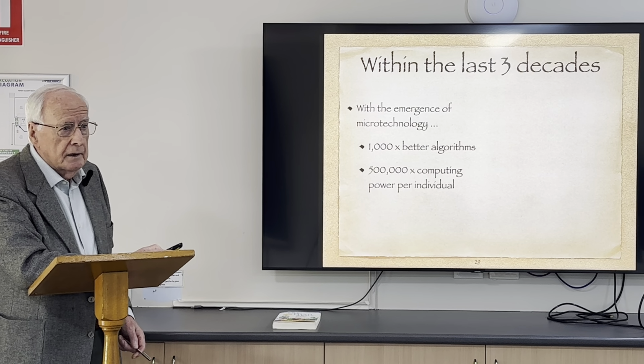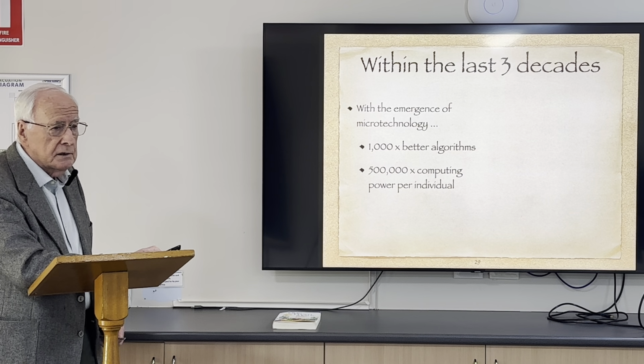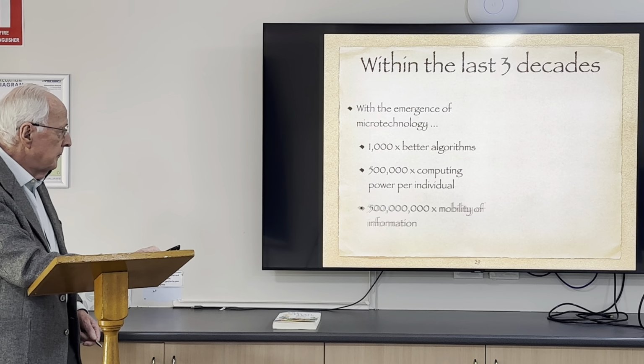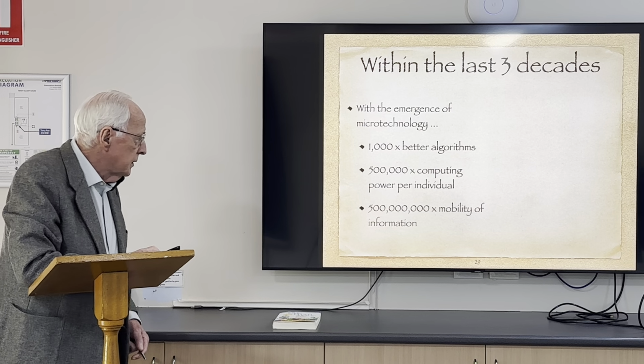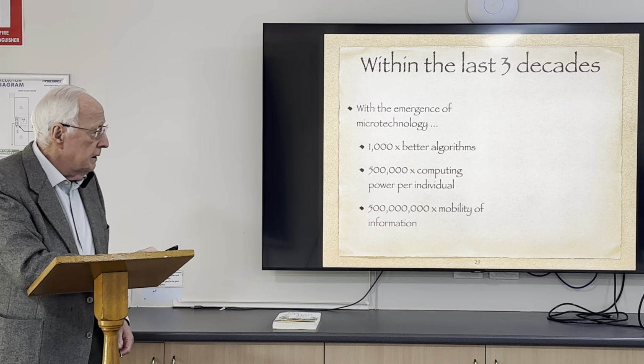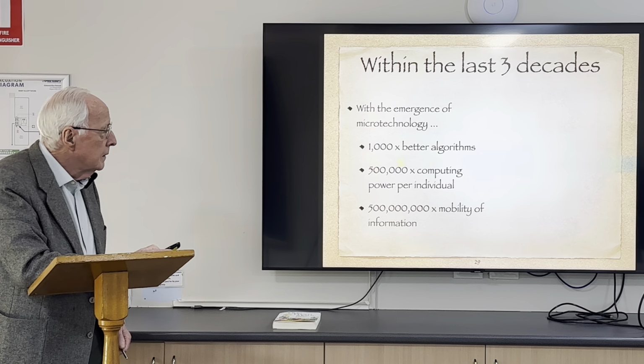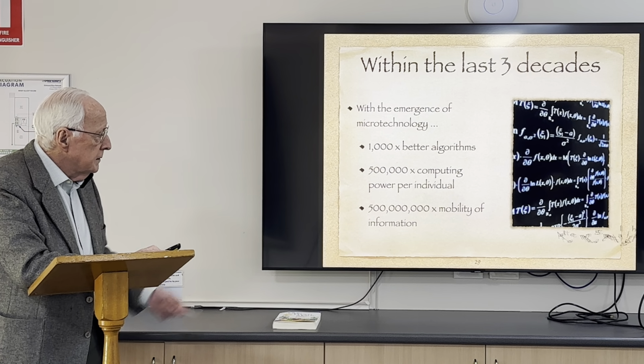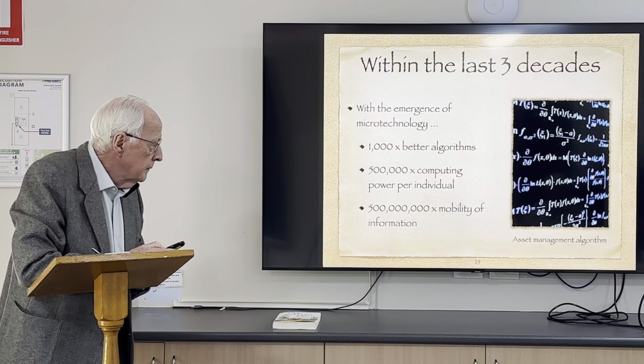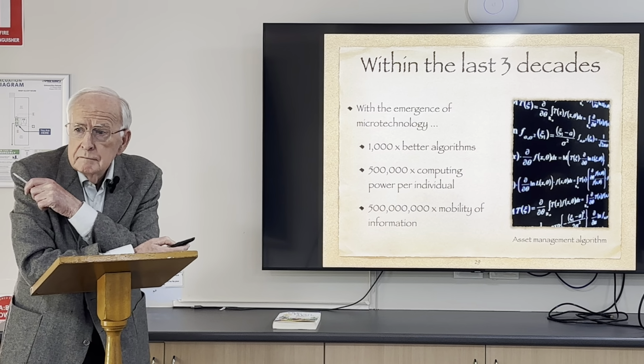You can probably up that a heck of a lot by now because things are just going so much faster. 500 million times the mobility of information. Half a trillion.